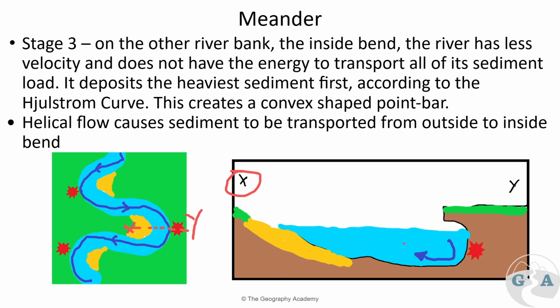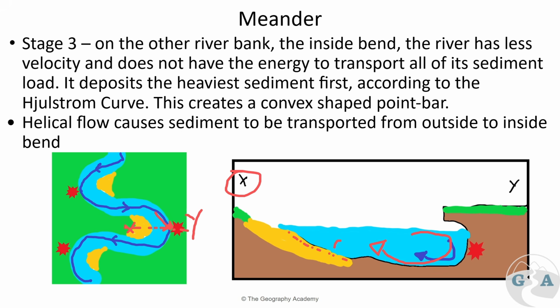So here we've got again, the thalweg coming in here, lots of erosion, but also remember, we mentioned this idea of helical flow or helicoidal flow, and this will help to transfer more sediment up into the inner side of the bend. There's less velocity, because the thalweg is over here. There's also more friction with the riverbed, and this creates then a perfect chance for more deposition to happen because of the reduction of the velocity.